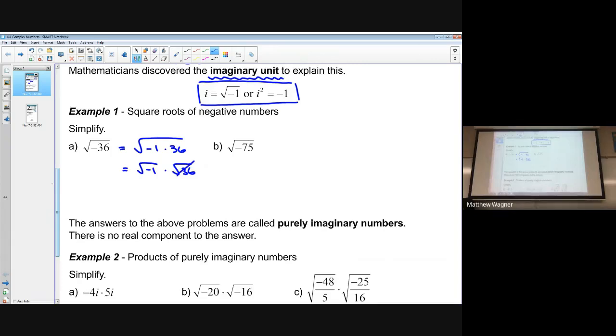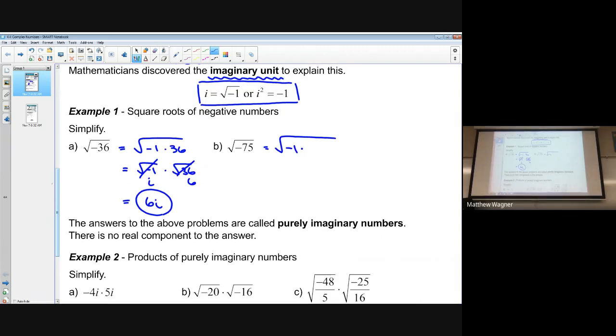Square root of 36 is 6. Square root of -1 is i, which means the square root of -36 is 6i. All right. Using that same mentality, we can simplify the square root of -75. So I'm going to break it up into -1.